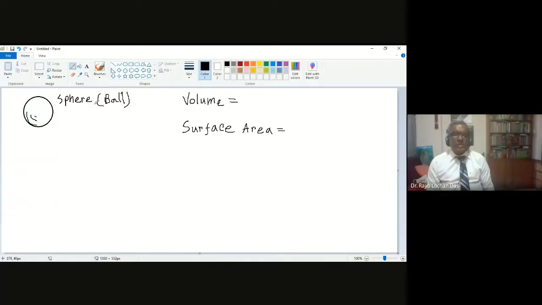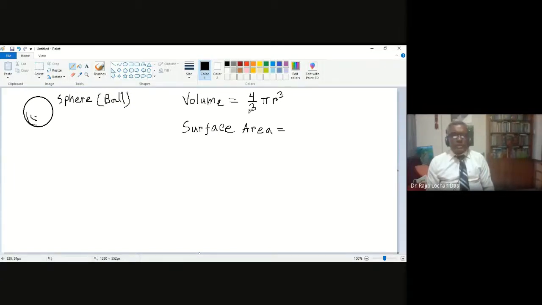So for a sphere, the volume formula is 4 by 3 pi r cube. That is the formula for volume, and it will be centimeter cube, foot cube, inch cube, like that. Every time it will be cube.